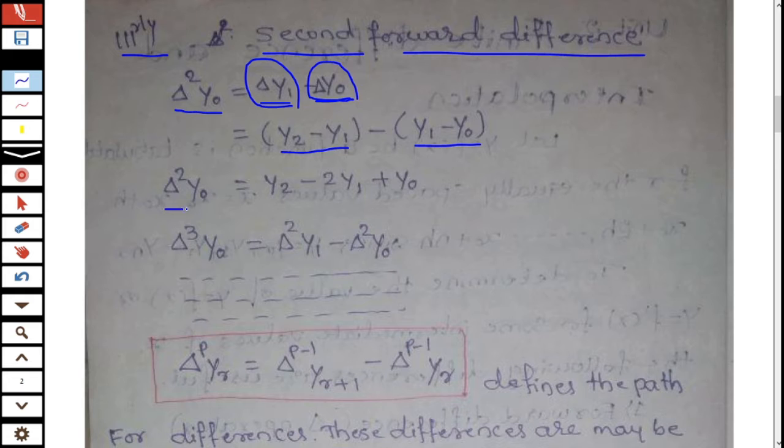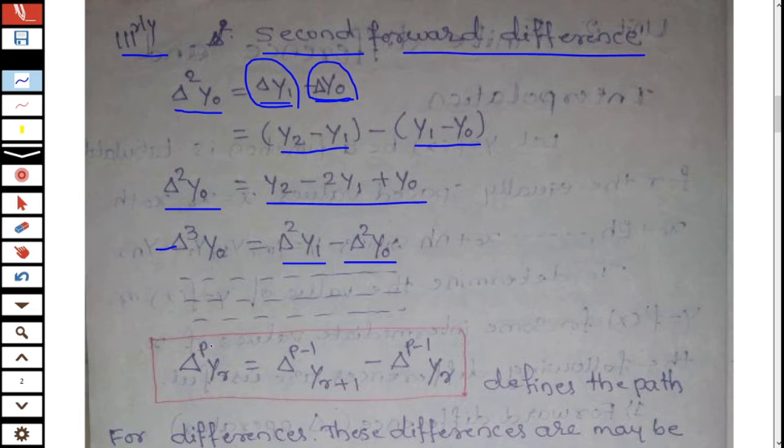Therefore delta square y0 equals y2 minus 2y1 plus y0. Similarly, we can write delta cube y0 equal to delta square y1 minus delta square y0.